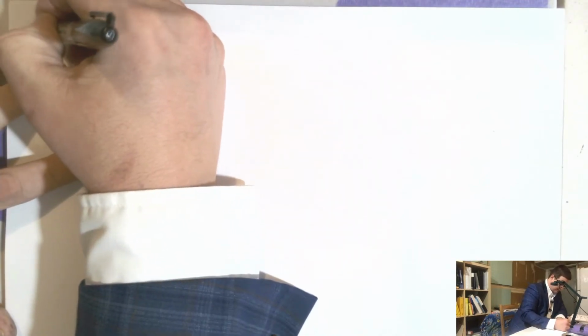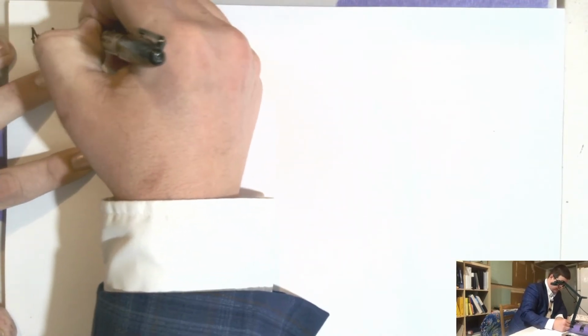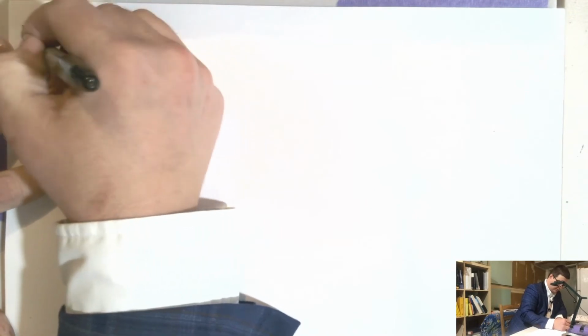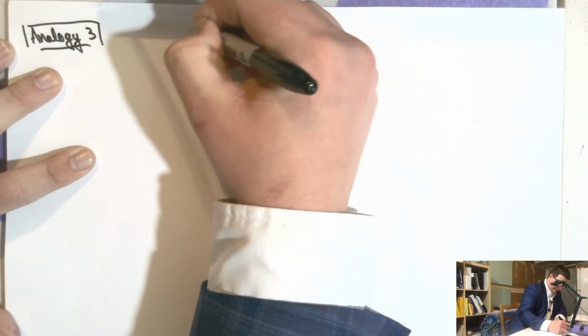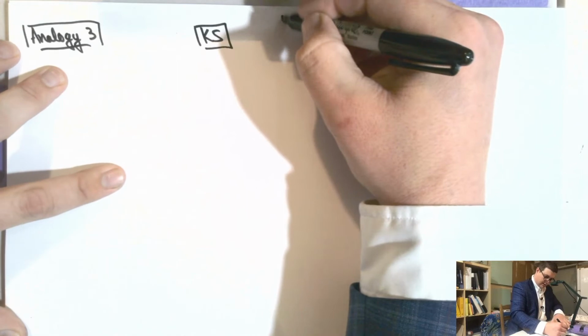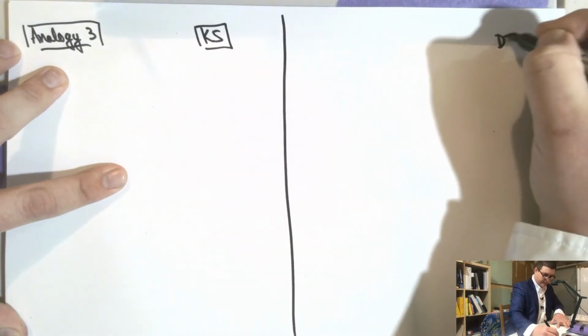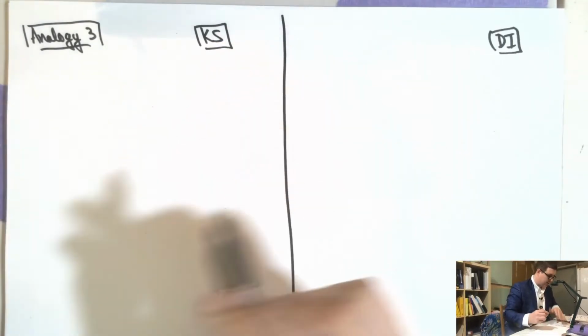So analogy 3. So we have Kodaira-Spencer, and so we have Deligne-Illusie. Okay.